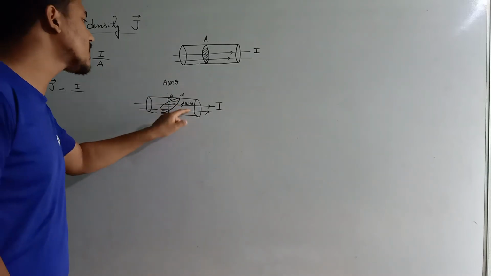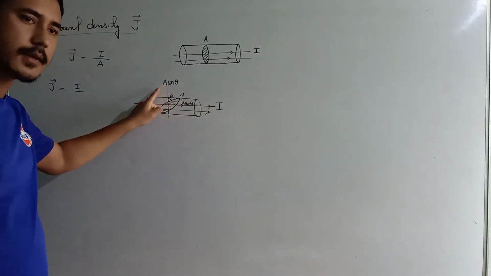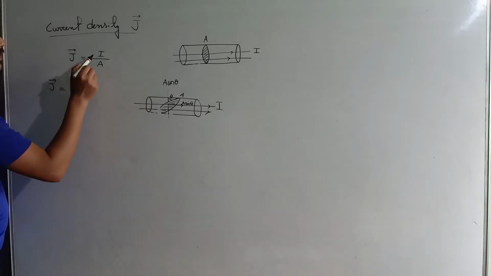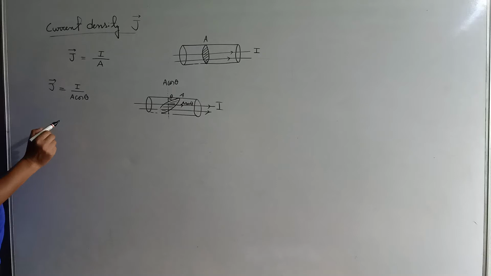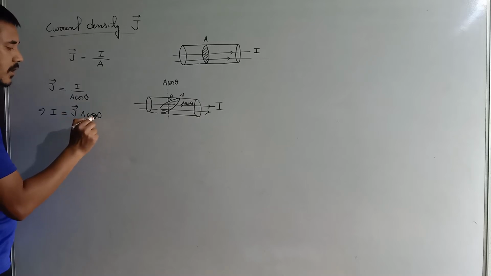Now, which of these components is perpendicular to your current? A cos theta. So in that case, your current density will be given by I upon A cos theta. In that case, I will be equal to vector J into A cos theta.